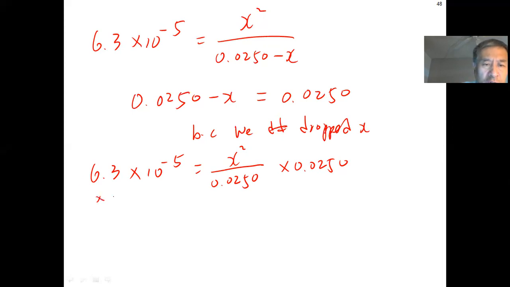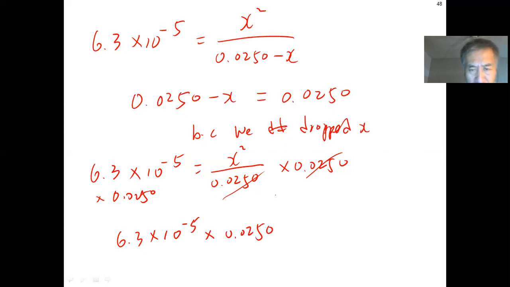I will just write here, times 0.0250. So what happened on the right? These two cancel out. On the left, we still have our Ka, which is 6.3 times 10 to the negative 5, and we also have this 0.0250 because we multiplied this on both sides.